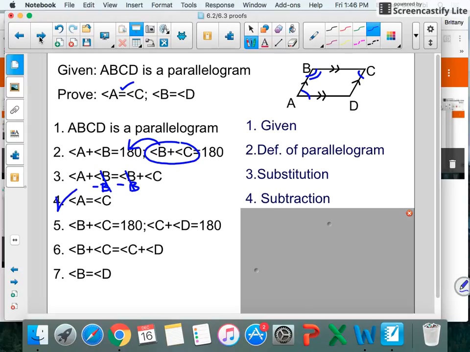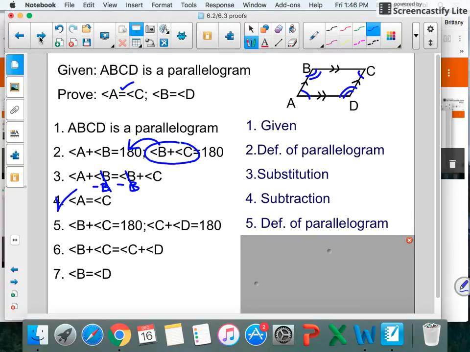So I proved one, now I have to prove the other, and I'm going to go the same route. So I know that angle B plus angle C equals 180, and then also angle C plus angle D equals 180. And again, that's the definition of a parallelogram. We know that the consecutive angles are supplementary. Then from there, I'm going to take C plus D and plug it in for 180 because they're equal.